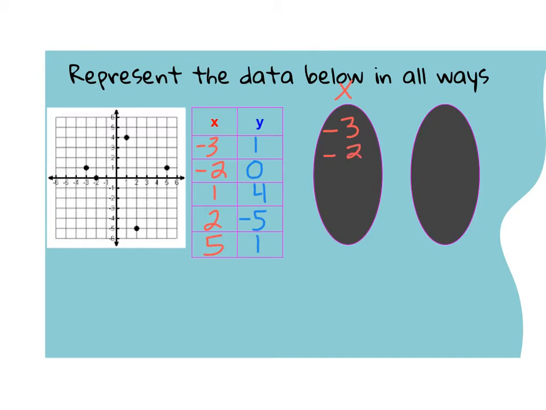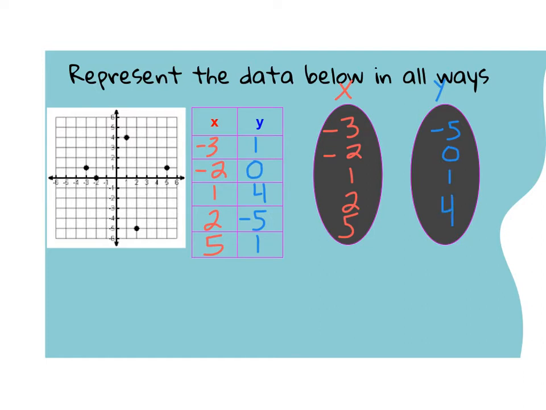If they were to repeat, we would only write the number 1 time. And our y values are on the right of the mapping diagram. And again, we write them from smallest to biggest, and we only write the number once. So my smallest number here is -5. Then we have 0, 1, and then 4.